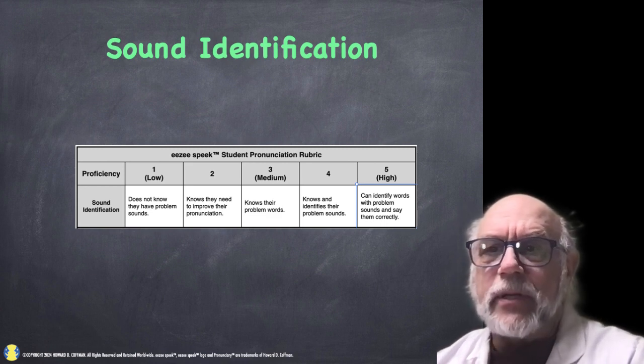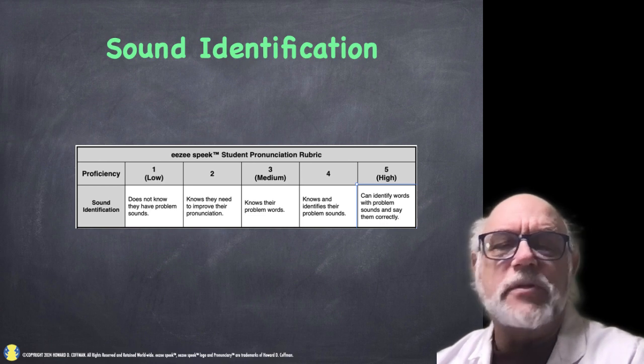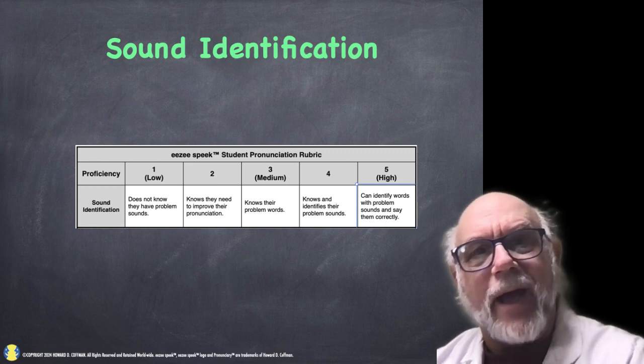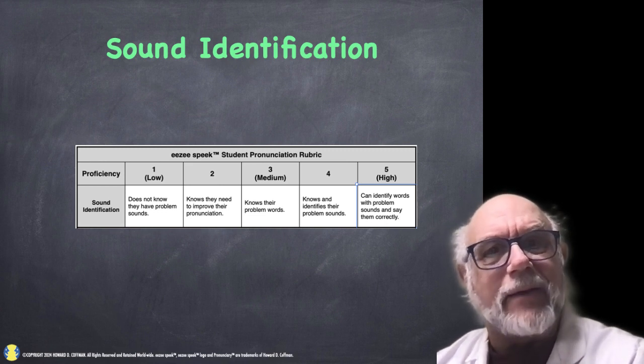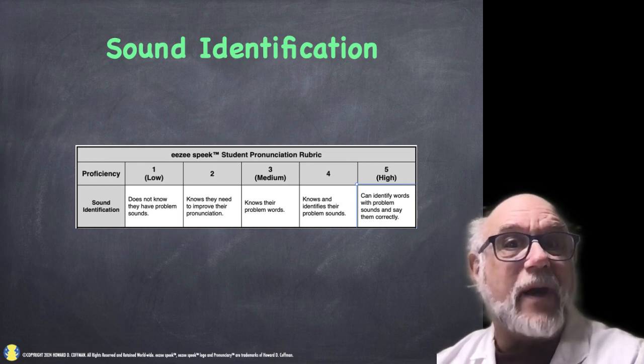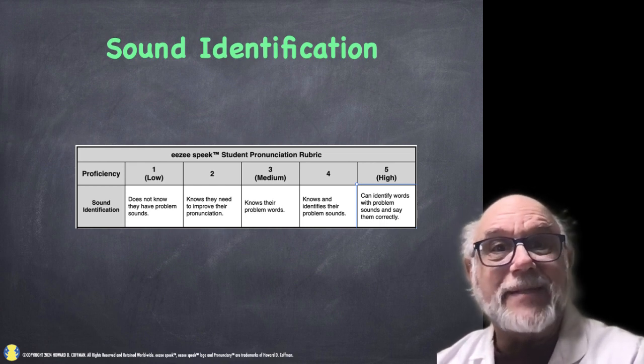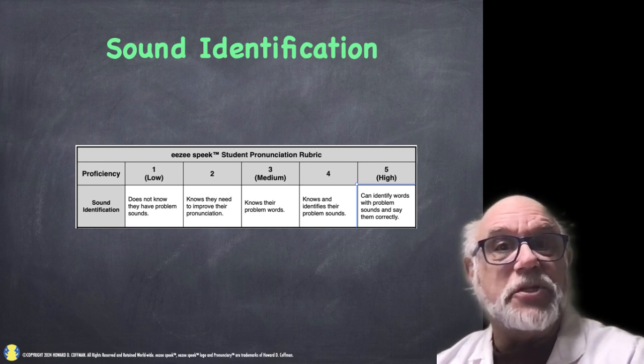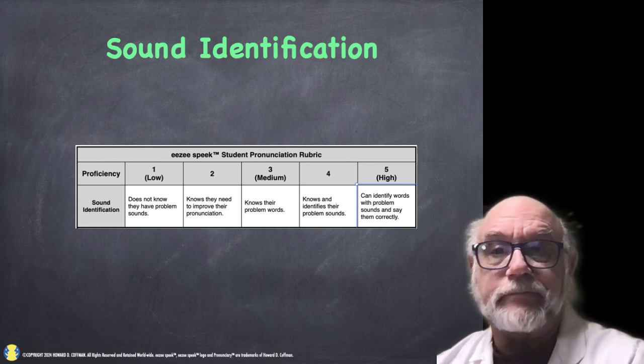And then if you can identify the words with the problem sounds that cause you the problem, that's a level of awareness which is quite high, and I would rate that as a 5. That's excellent. Personally, I think that's pretty easy to do, and it really jumpstarts everything.